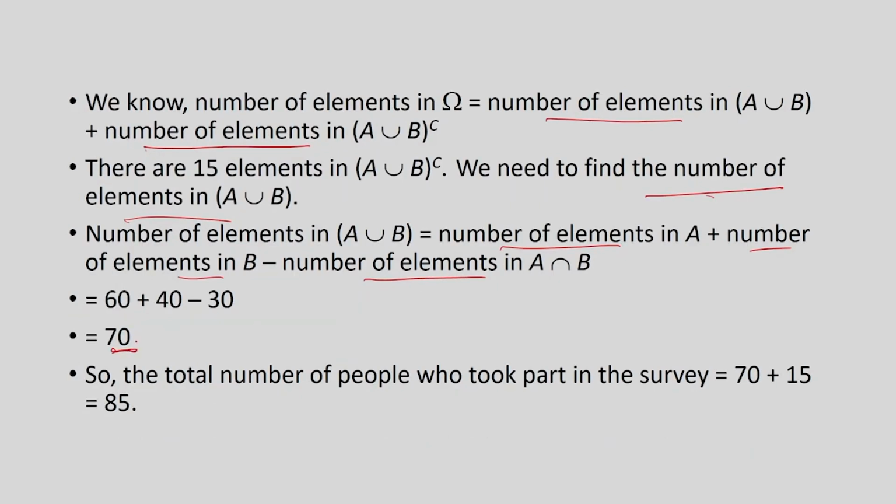So, this is the size of the A union B set, right. So, we have got this also, we have got this also. Now, we just have to add them up. So, 70 plus 15, and so the total number of people who took part in the survey is 70 plus 15 is equal to 85. So, this is our answer. Okay.